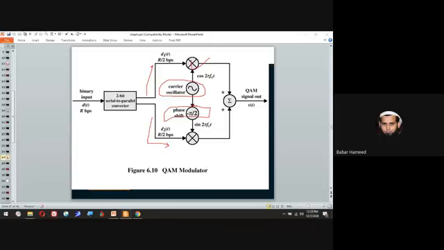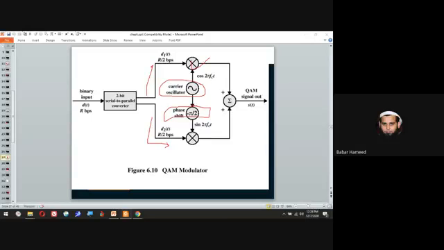By taking alternate bits for the two streams, the two data streams are referred to as in phase, meaning I, and Q, meaning quadrature phase.